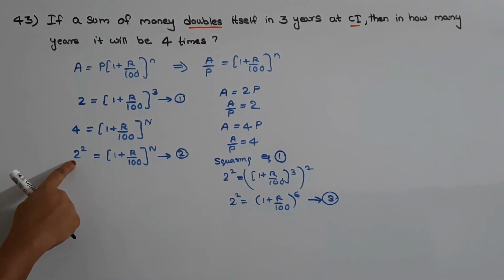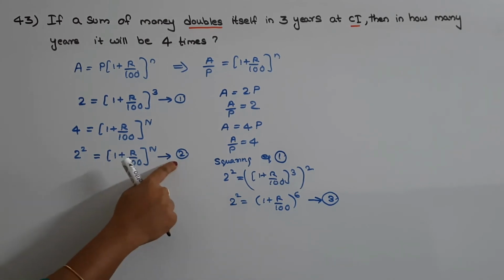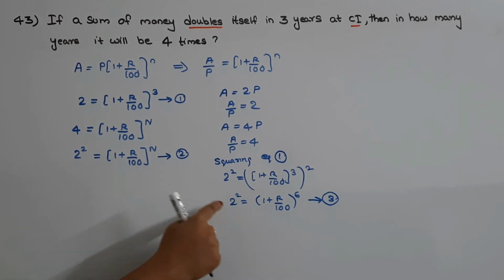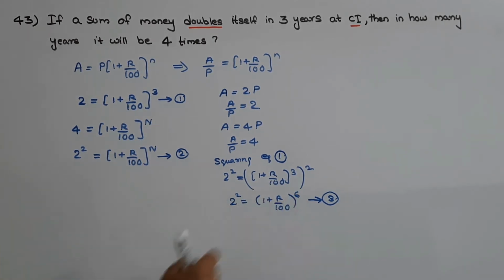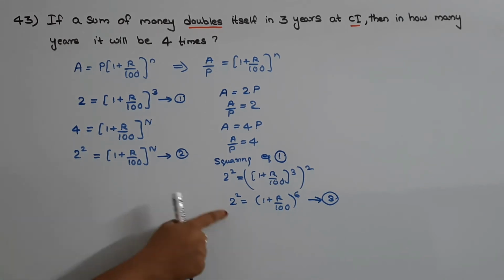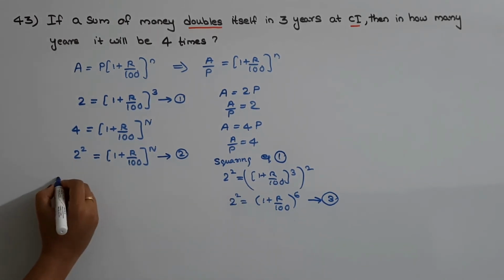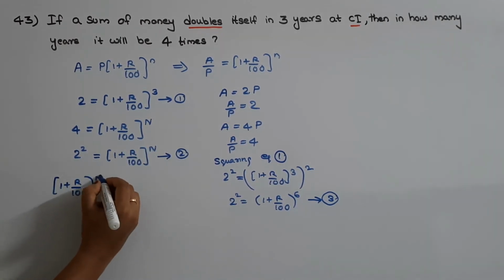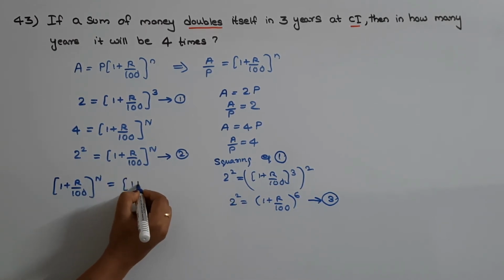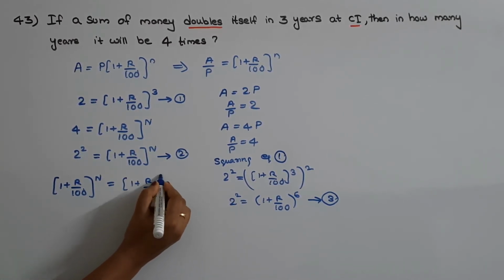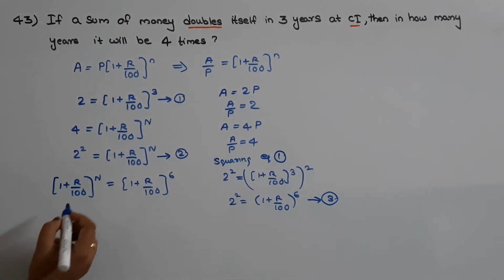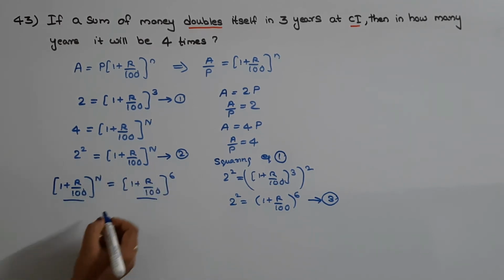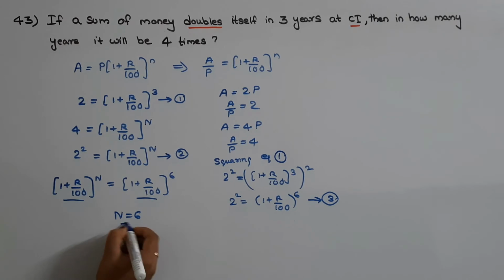Now LHS is same for both equation 2 and 3. See, this is 2 square is equal to 1 plus r by 100 whole raised to n. This is 2 square is equal to 1 plus r by 100 whole raised to 6. Since LHS same, we can equate the RHS. That is 1 plus r by 100 whole raised to n is equal to 1 plus r by 100 whole raised to 6. Now, since the base is same, we can equate the powers. So, n value will be equal to 6.